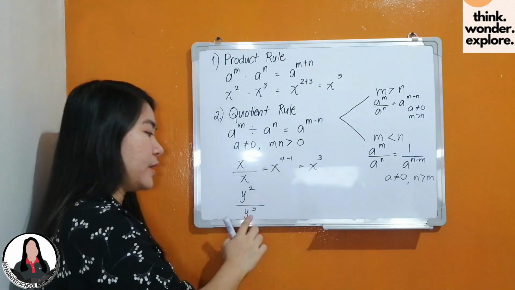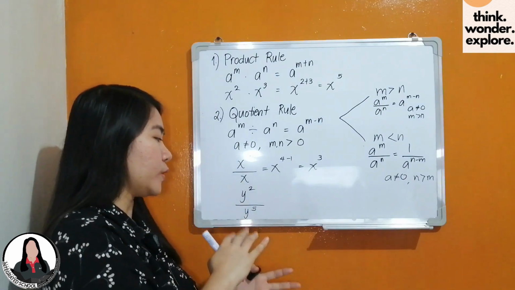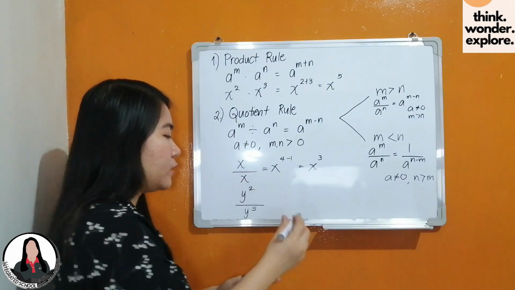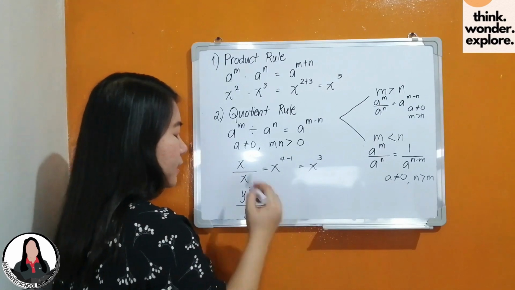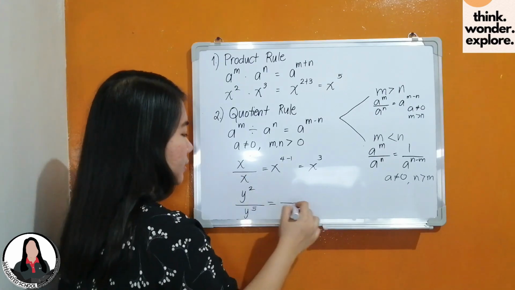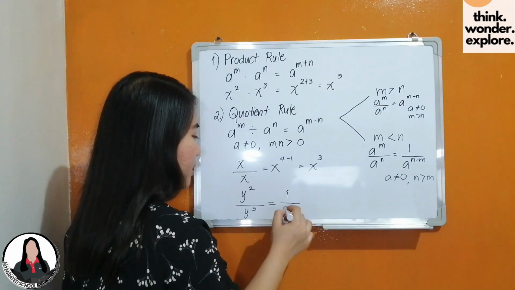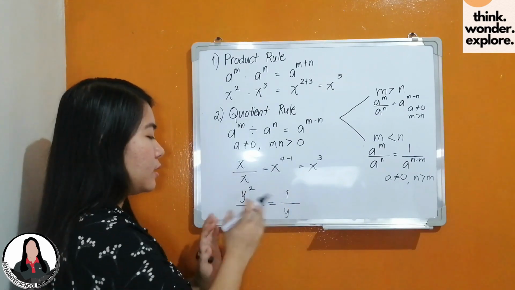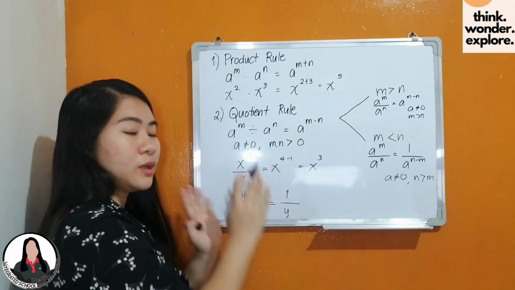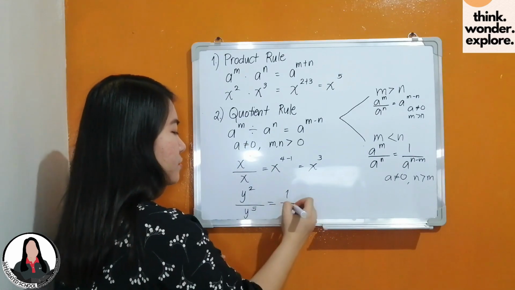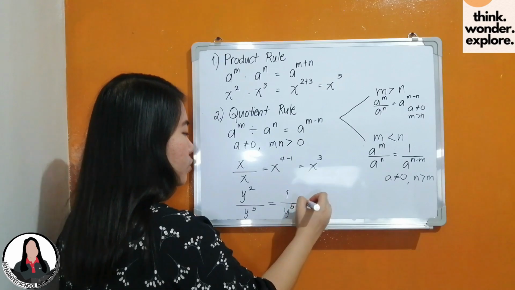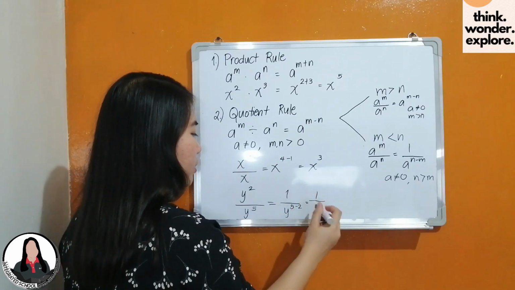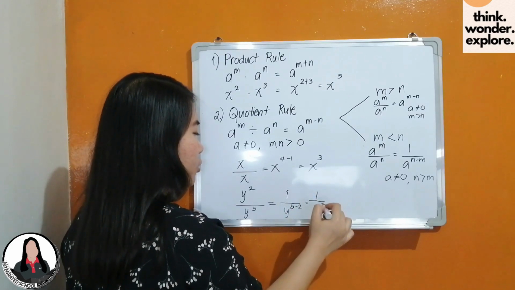Since the exponent of the denominator is greater than the exponent of the numerator, kukunin muna natin ang reciprocal ng common base, which is 1 over y, and then pag-subtractin lang natin ng exponent ng denominator sa exponent ng numerator. Simply, that is y raised to 5 minus 2, 1 over y cubed.